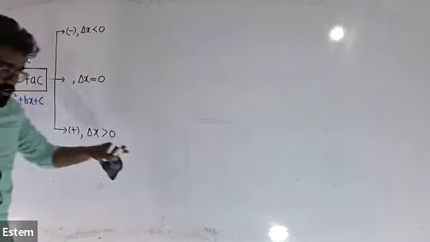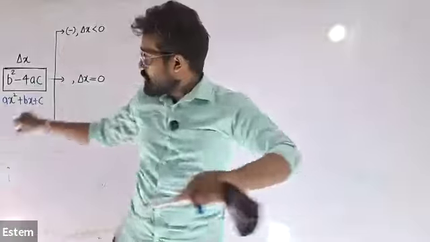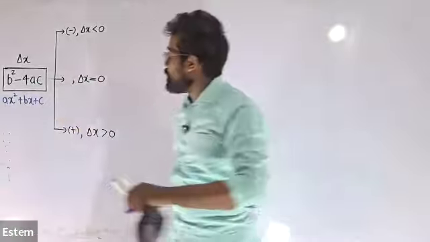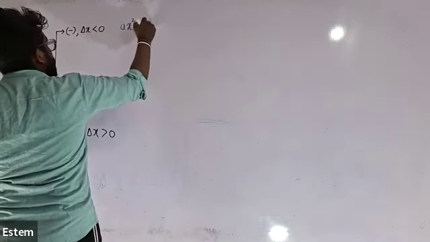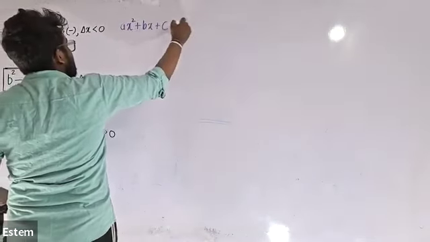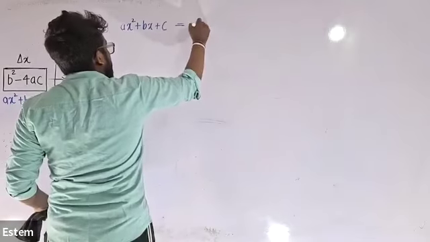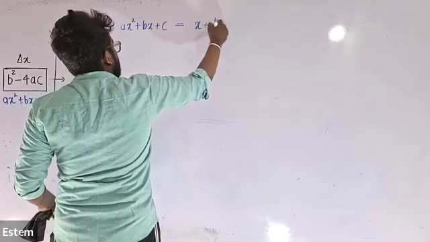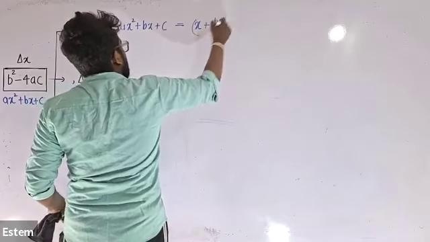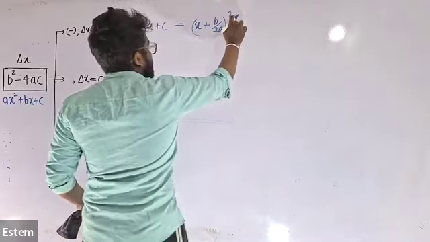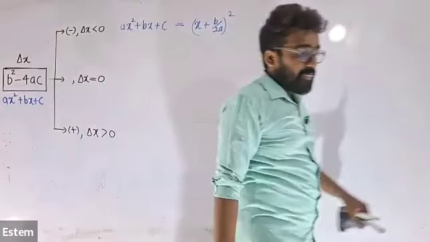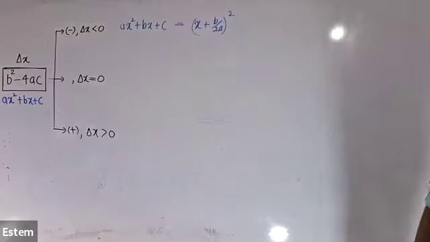If the discriminant of ax squared plus bx plus c is negative, then how can we express this? I'm applying completing the square here. See, x plus b over 2a, what comes in here? What's your idea?